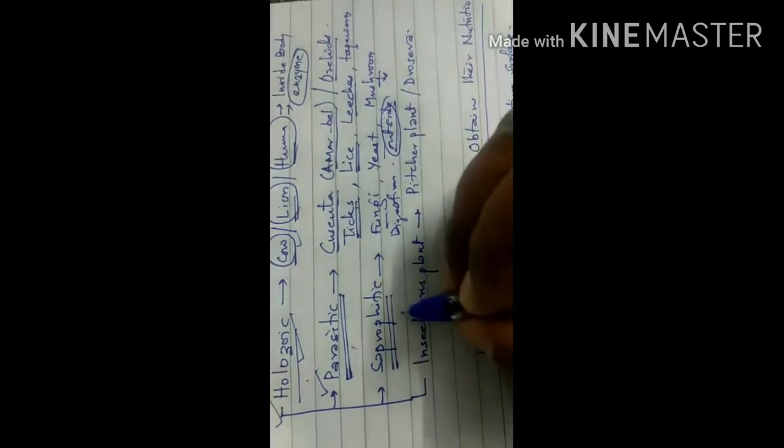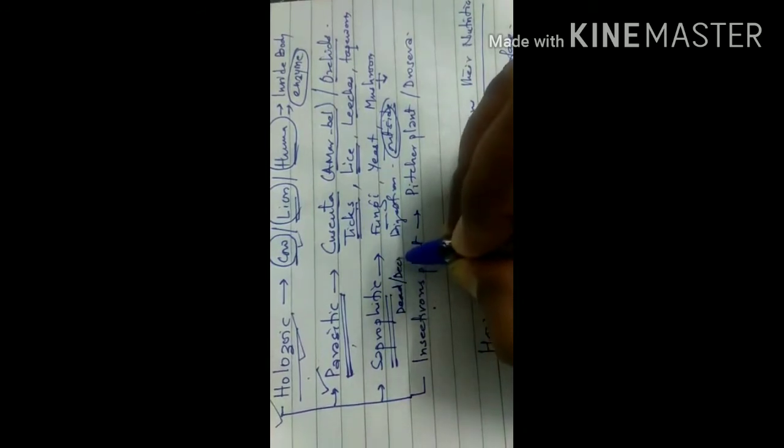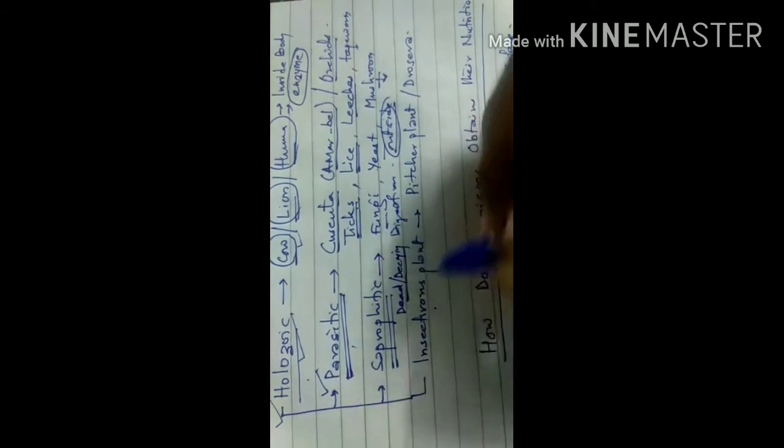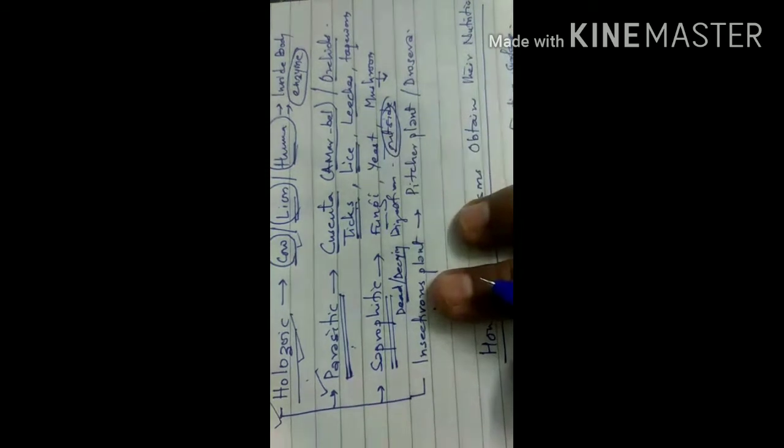Mostly the saprophytic mode of nutrition comes under dead and decaying substances. The substance which is dead or decaying can be decomposed with the help of these, and such type of nutrition is known as saprophytic nutrition.